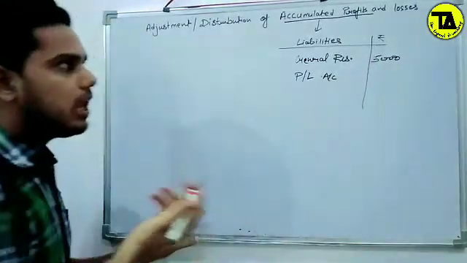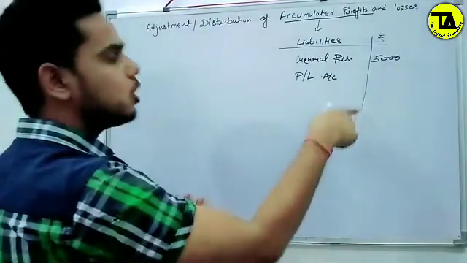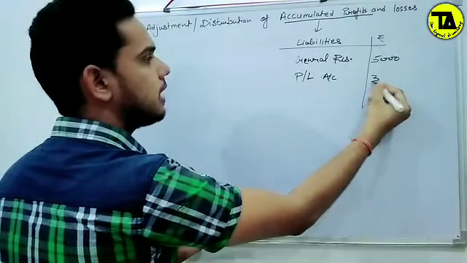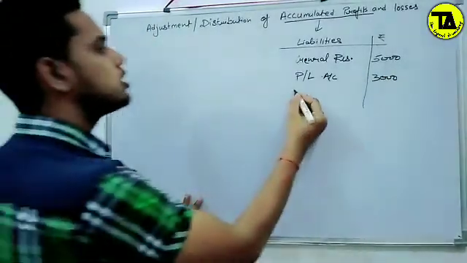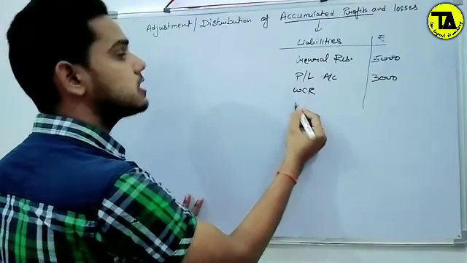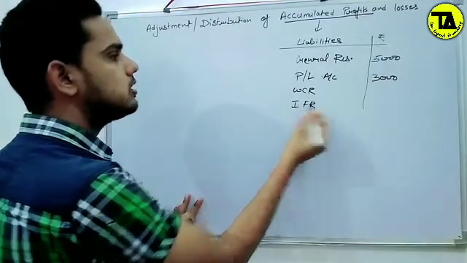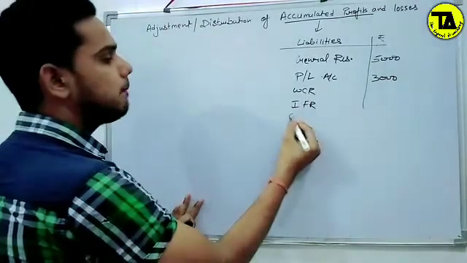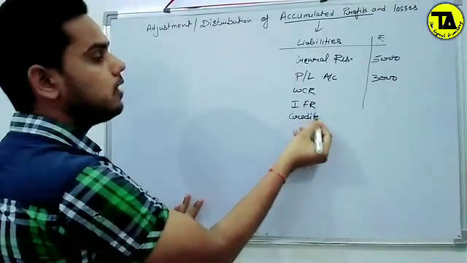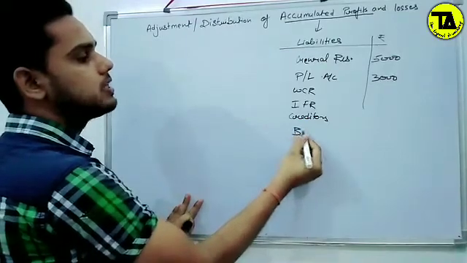On the liability side, profit and loss account is also written, say for example 3,000. There can be other reserves also, like workmen compensation reserve, investment fluctuation reserve. There will be other liabilities, of course, for example creditors, bank loan, etc.